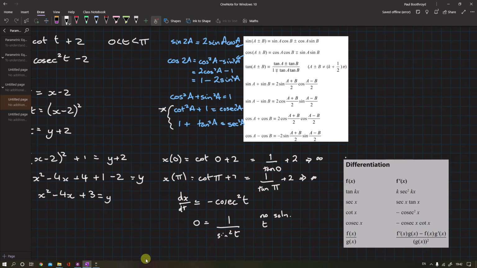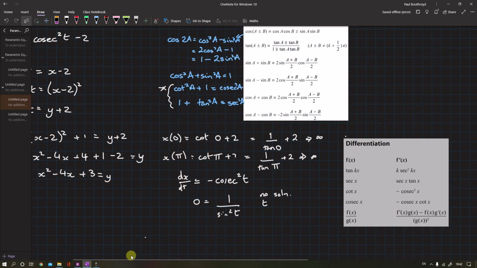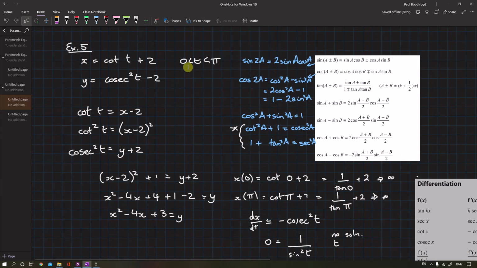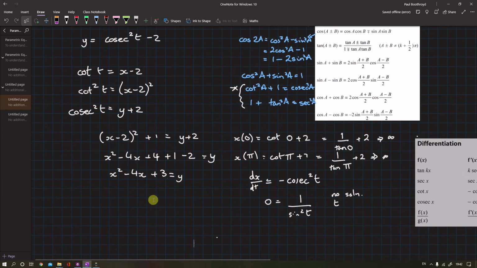So it is defined for all real values. This is our demonstration that there are no other limiting values apart from what the cot of t does. So this says we are defined for x belonging to all real numbers.